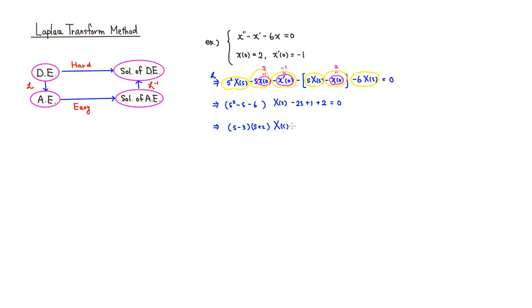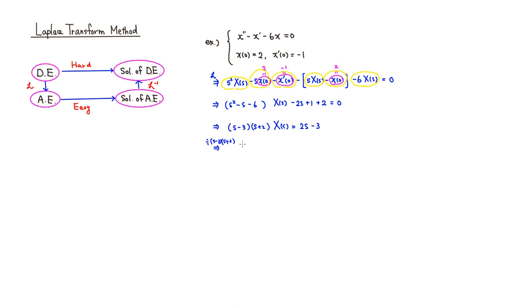And I'm going to put everything else on the other side, so negative 2s becomes positive 2s, and plus 3 becomes a minus 3. Then I'm going to solve for X of s, so I'm going to divide through by s minus 3 and s plus 2.